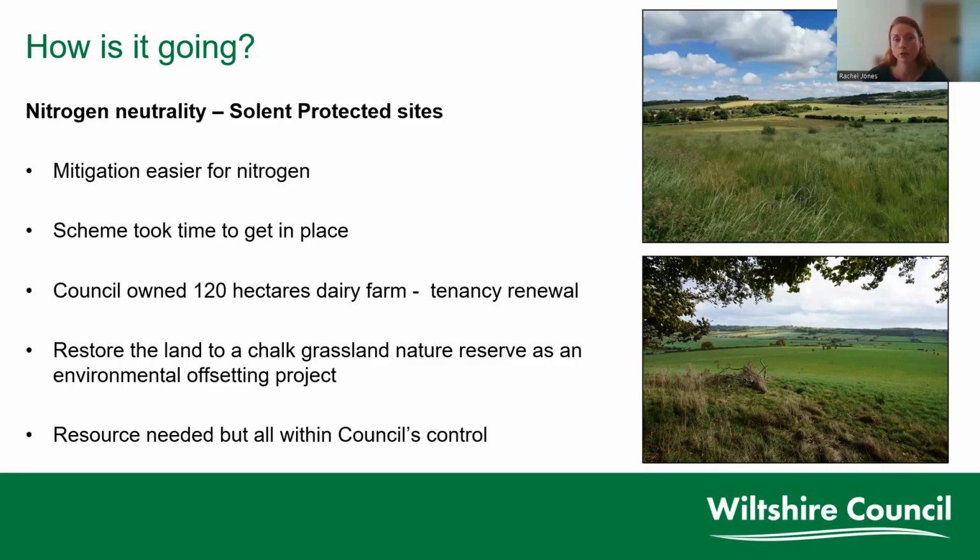So we were very fortunate in that respect. The tenant was looking for a new farm out of the area, so the tenancy renewal came up, and we had an opportunity to restore the land to a chalk grass and nature reserve.